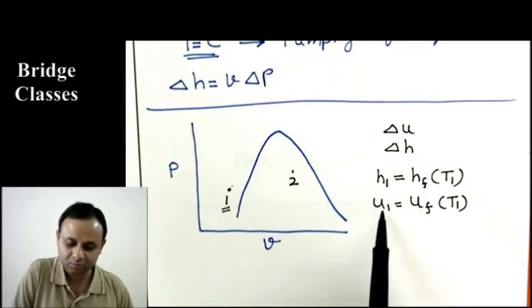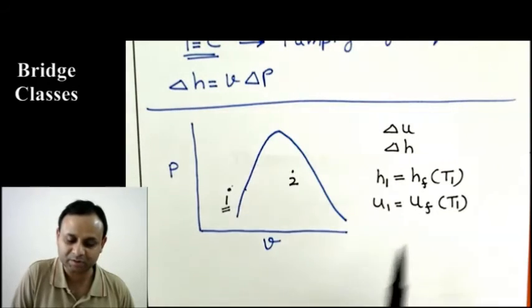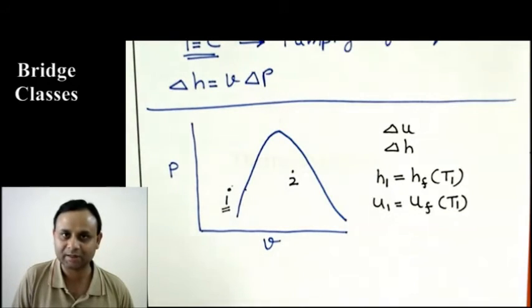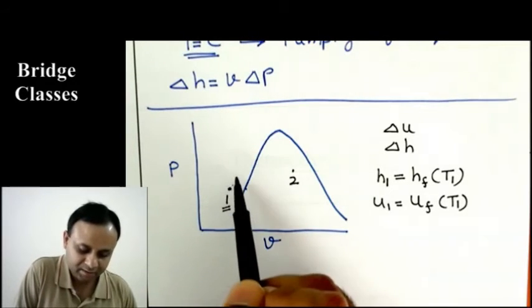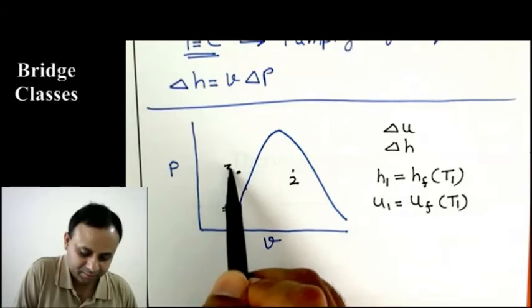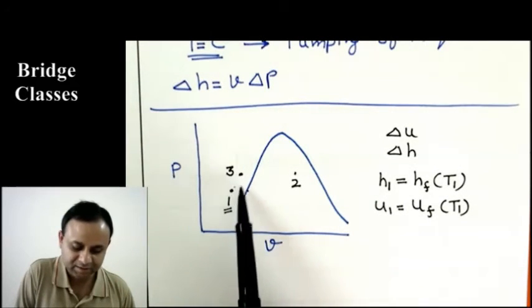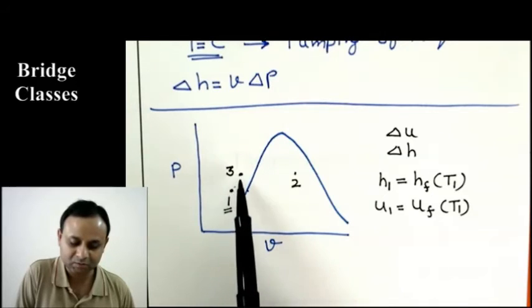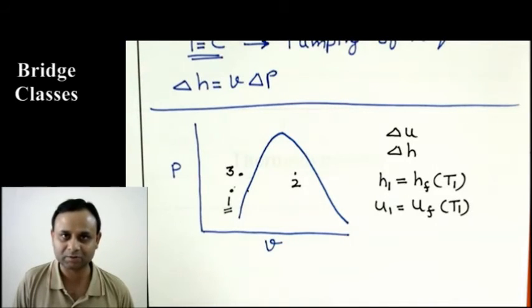You'll use the table to get that, and similarly for 2 you are going to use the table and then get delta U and delta H. But if state 1 is here, and let us say this is state 3, so it's water but it is incompressible, it remains liquid, then you can use the equations we derived for an incompressible substance. For solids you can always use those equations, because solids we can treat as incompressible.